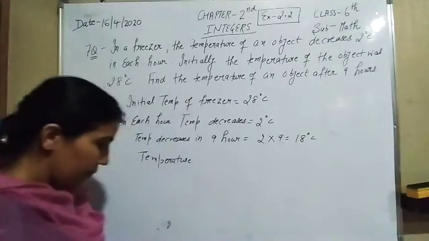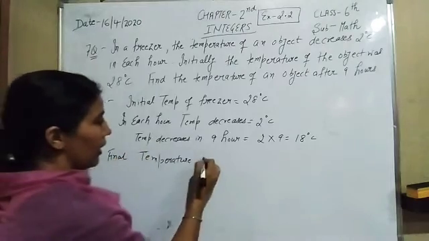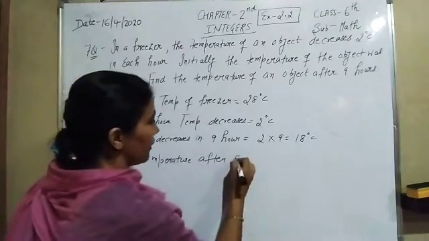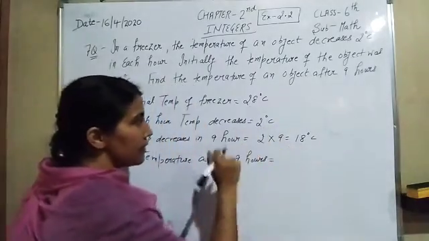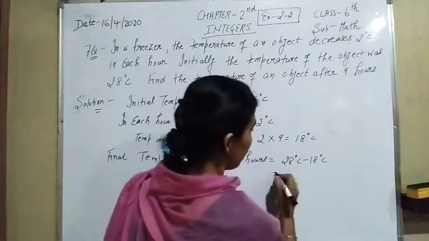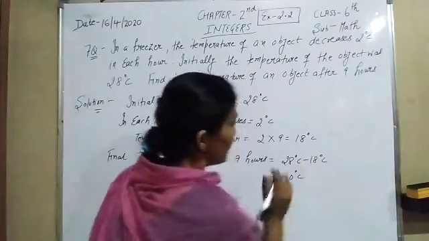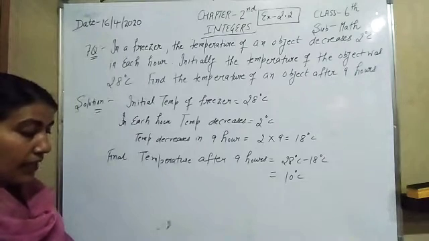Final temperature after 9 hours will be initial minus the decrease after 9 hours, it means 28 degrees Celsius minus 18 degrees Celsius, that means 10 degrees Celsius.